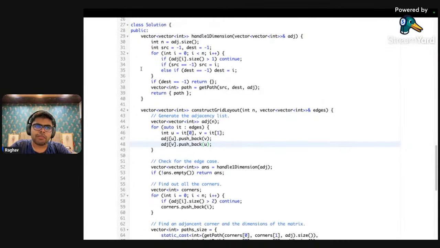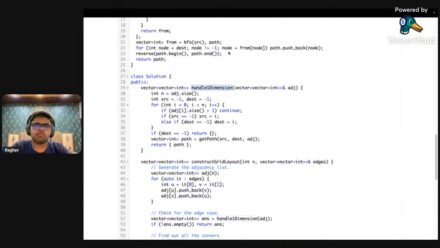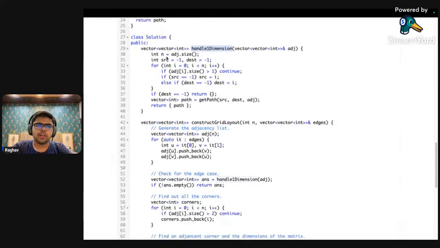Or you can do it like me. I created a function with name handle one dimension. This is basically the edge case. Inside it, I have been finding the two nodes which are having degree 1. I named one of them as source and the second one as destination.